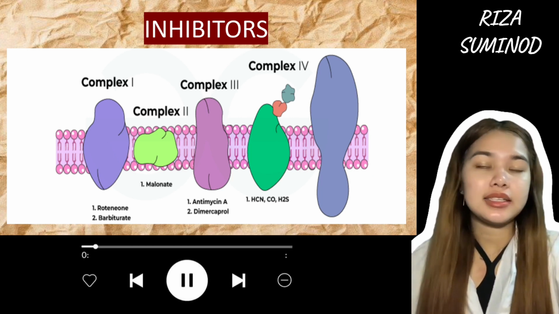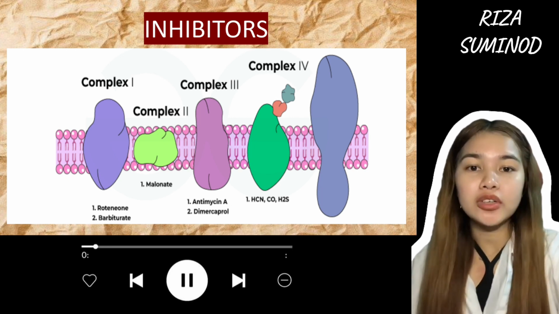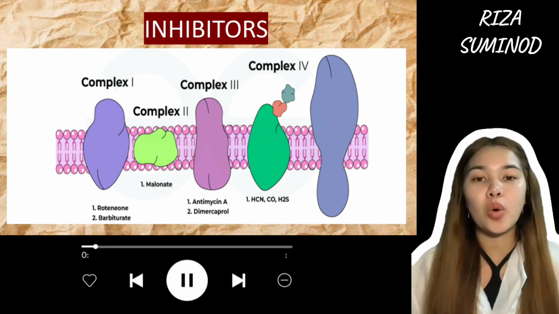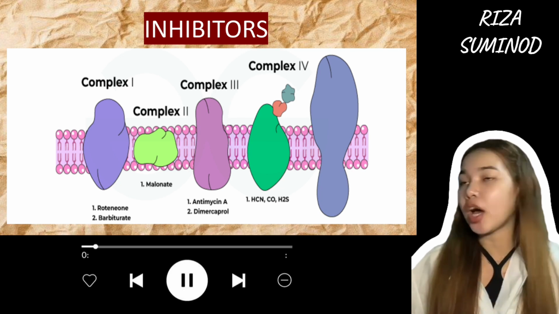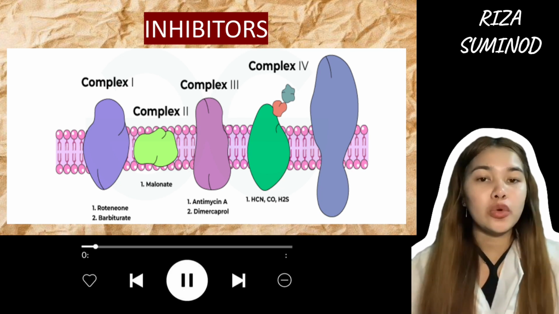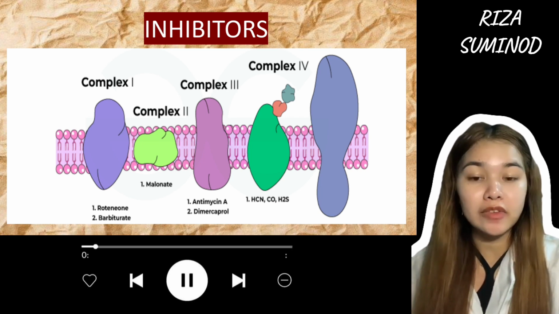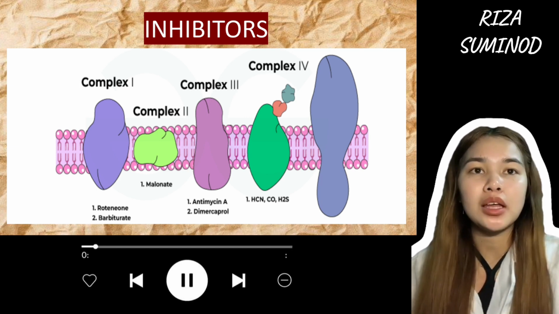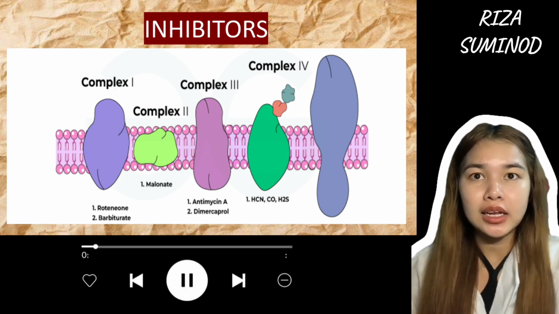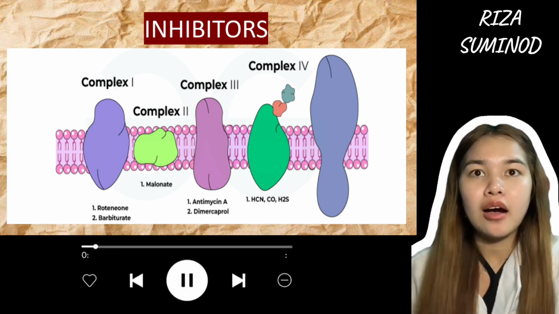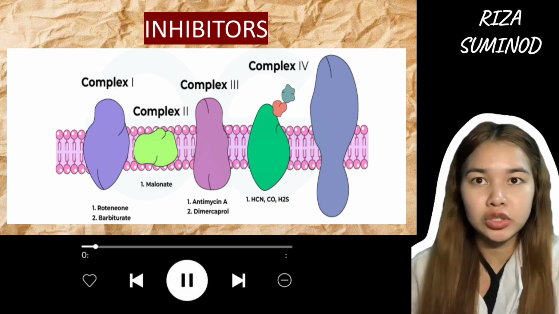So next are the inhibitors of oxidative phosphorylation. Oligomycin inhibits F1 ATPase by blocking proton flow through the FO complex. Aurovertin inhibits F1, and atractyloside inhibits ATP export by ADP translocase. Those are the inhibitors of oxidative phosphorylation.